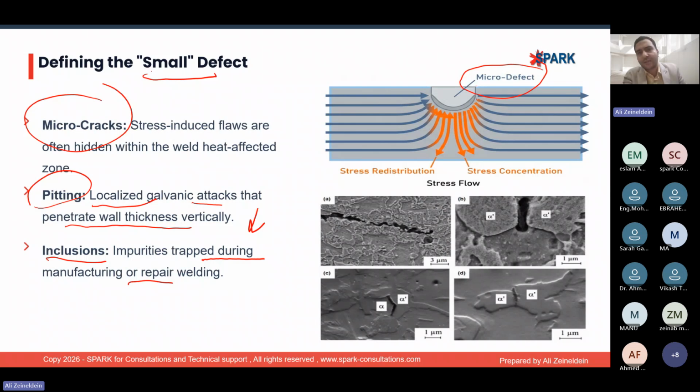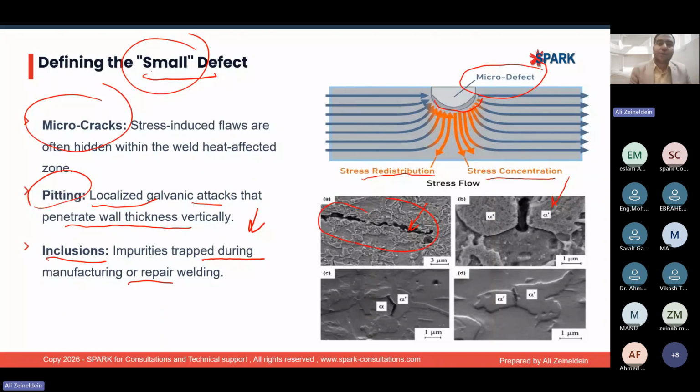Micro defects start at a shallow depth, then become stress risers and areas of stress concentration. In the blue photos, we can see the magnification under the microscope. However, what appears to the naked eye as a small defect is actually a huge defect.